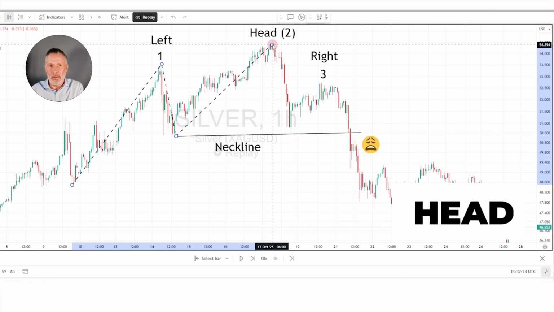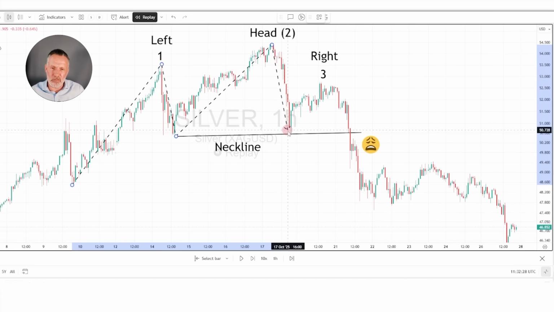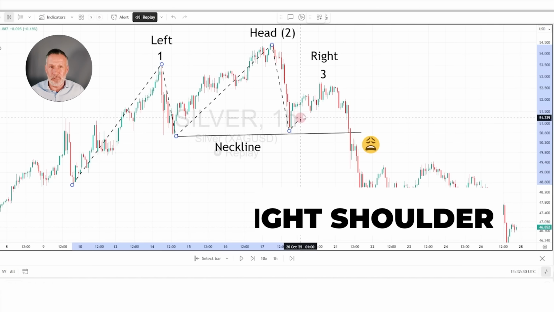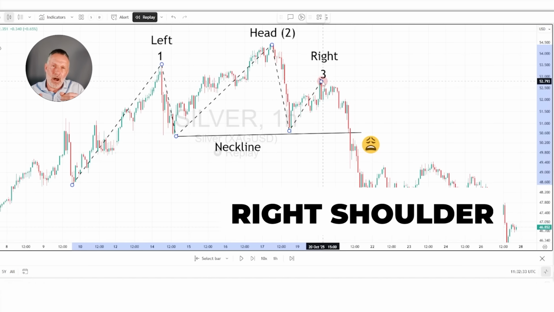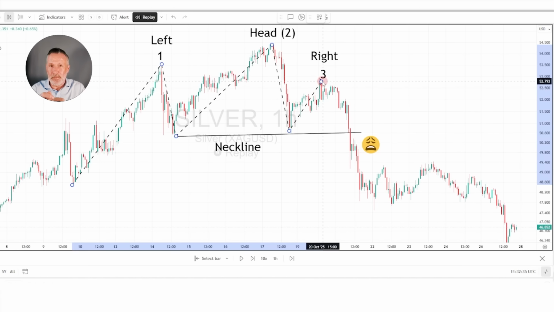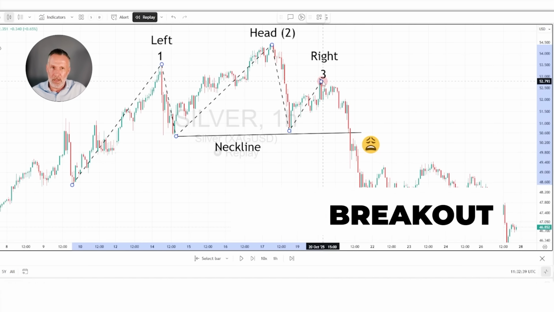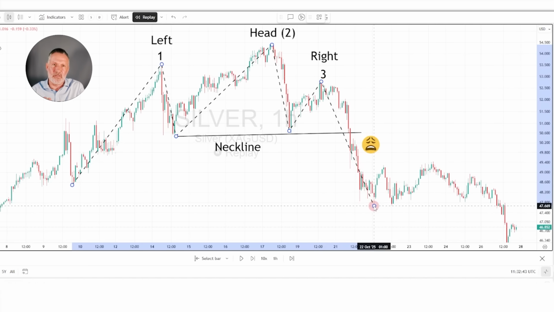The head, buyers make a final strong attempt, but they cannot sustain the rally. The right shoulder, that highlights a change of trend. There's only a few buyers that remain and sellers gain a foothold. And then we have the breakout. Now this is a decisive change in momentum and stops are triggered to the downside.